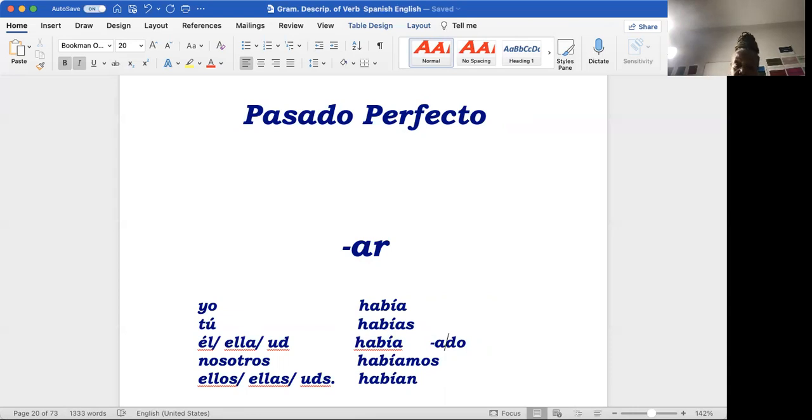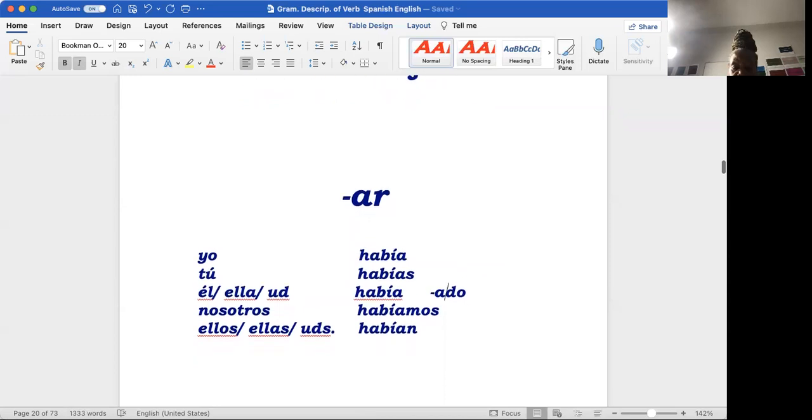Well, complicado. Okay, so it's the past tense of the verb haber, and then the main verb with ado. That's the inflection. Simple form plus ado.